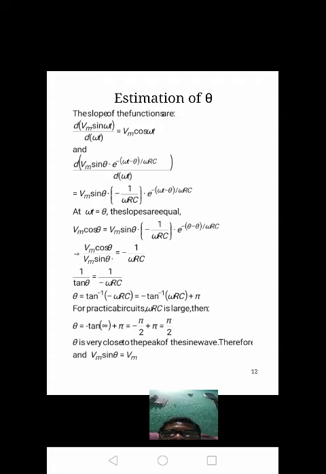Theta is very close to the peak of the sine wave, therefore Vm sin theta can be replaced by Vm.